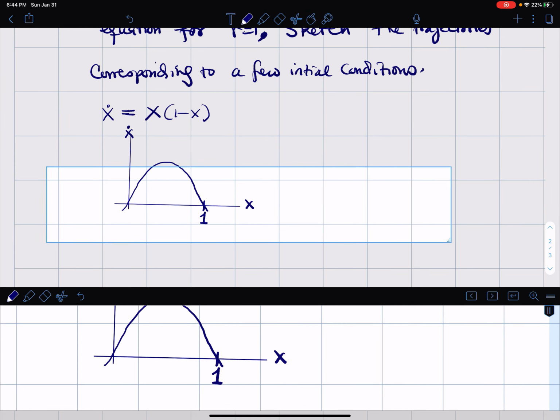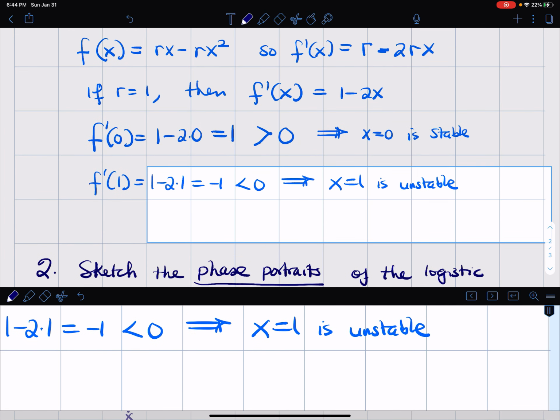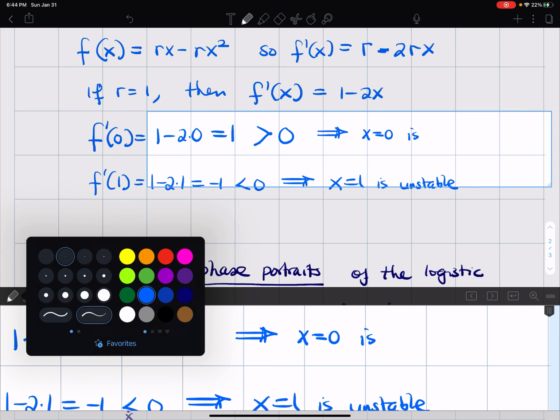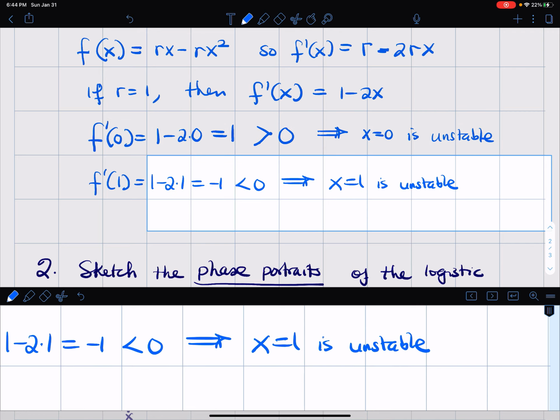All right. And then what do we have? We have that 1 is stable. Oh, this is unstable. Sorry about that. Sorry, I said that x equals 0 is stable. It's actually unstable. This is unstable, and that is stable.